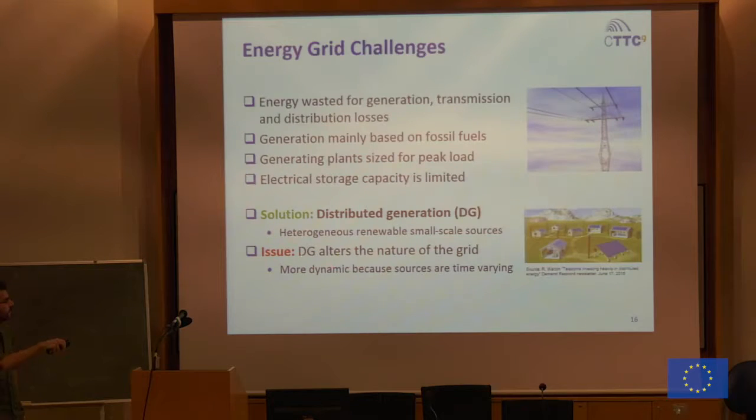The problem is that, as already introduced in our domain of energy sustainable mobile networks, these distributed generators alter the nature of the grid, which is not centralized anymore, it's distributed. So much more interaction is needed when you are following this new distributed paradigm.